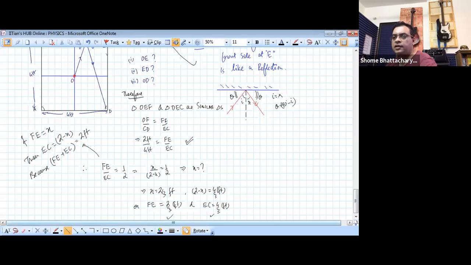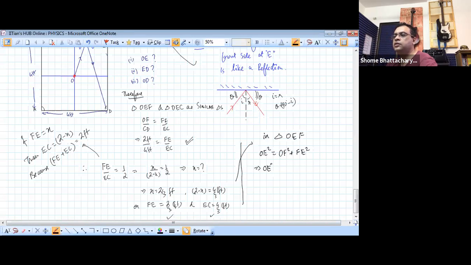And now use Pythagoras theorem. So from this, you can see that in the first triangle, OEF, use the Pythagoras theorem. So OE square has to be equal to OF square plus FE square.